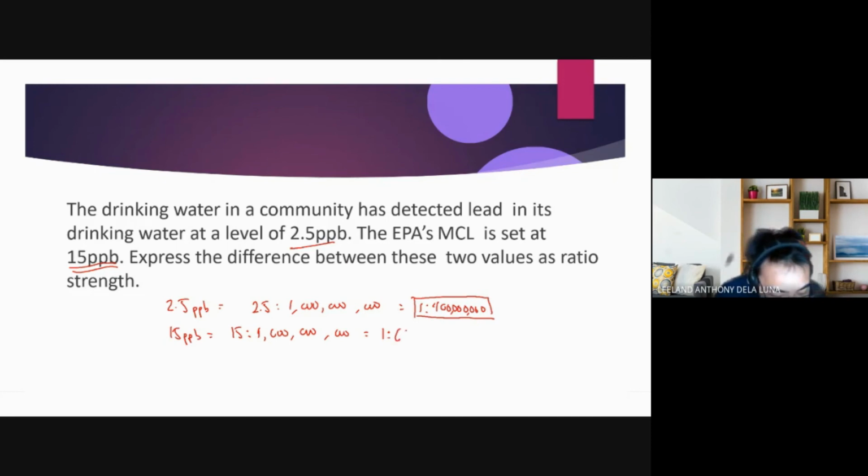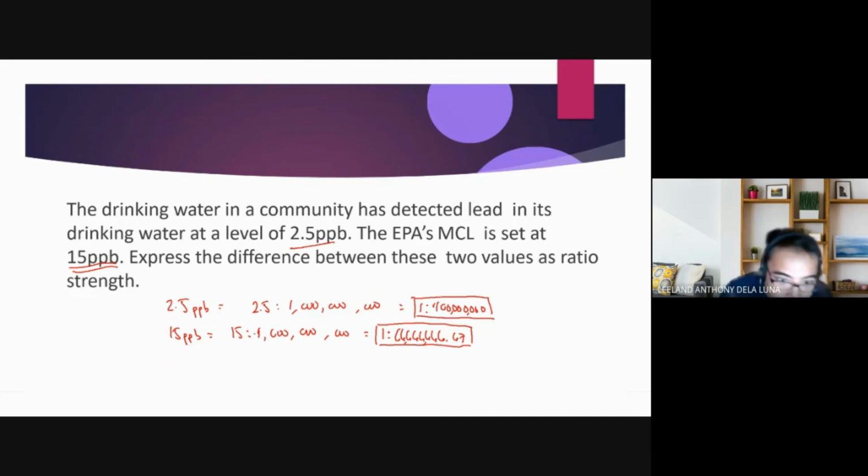That's 66,666,666, or 1 is to 66.67 million. Yun na yun. Alright, so that's the ratio strength here. Okay, huwag natin i-express as percentage. Napakaliit na nito.